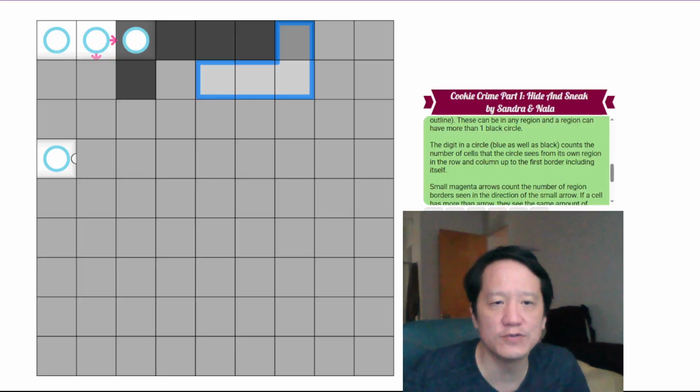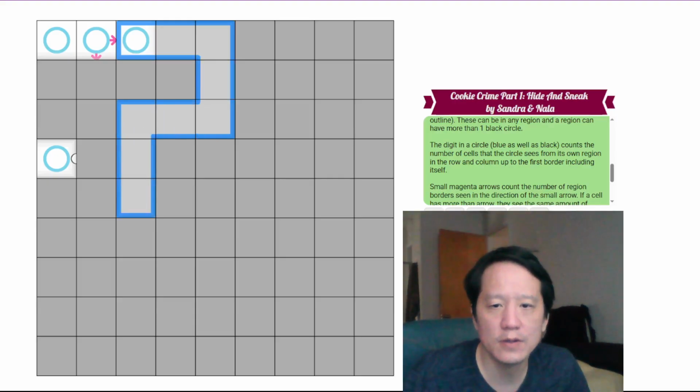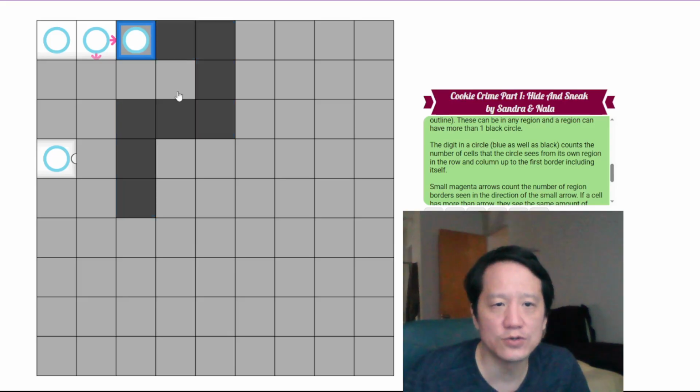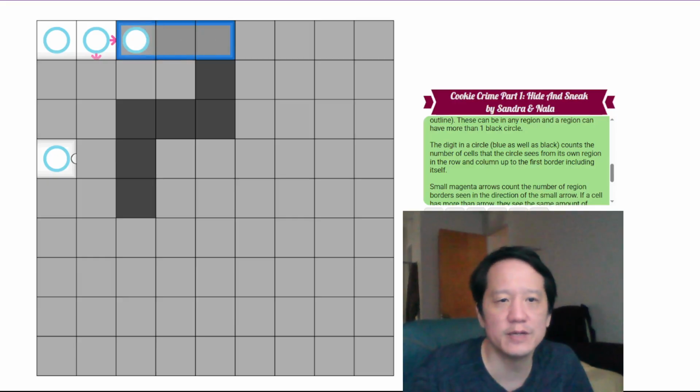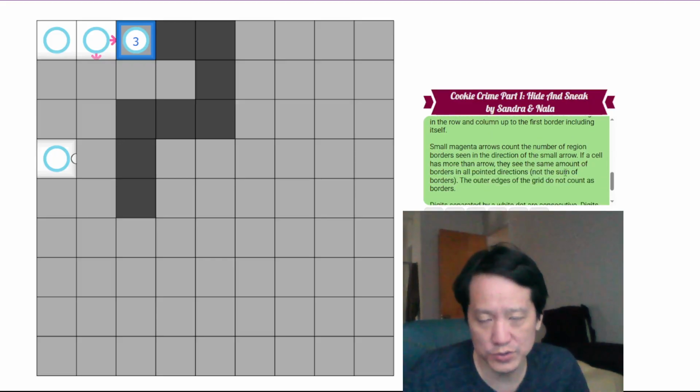In addition, you could have something like this. Now, this circle would basically see 3 cells because it does not see past the borders. So it's blocked here, and then it just sees these 3 cells. So in this example, this would have to be a 3 if that's a digit in the circle. And that's how circles work.